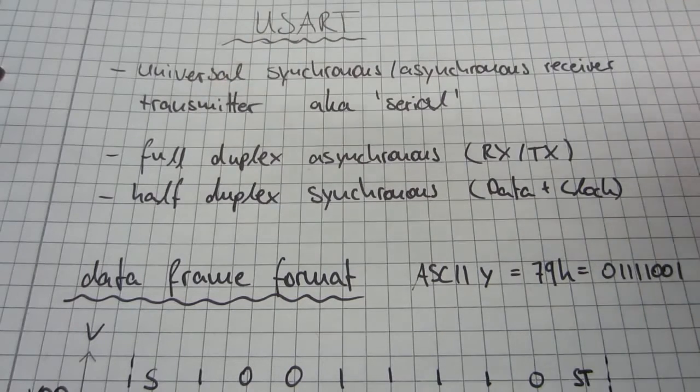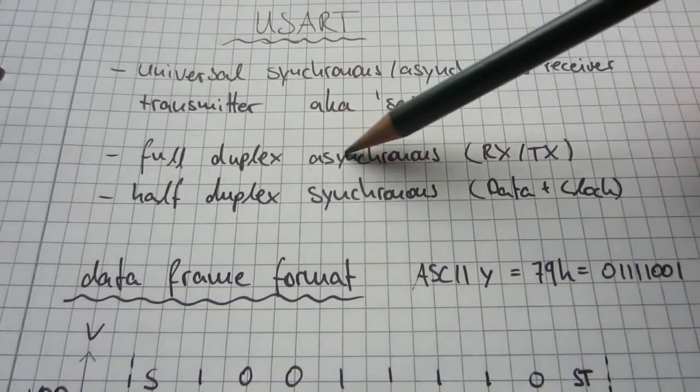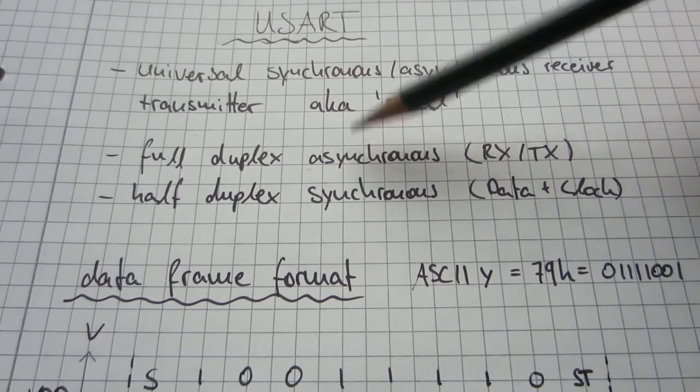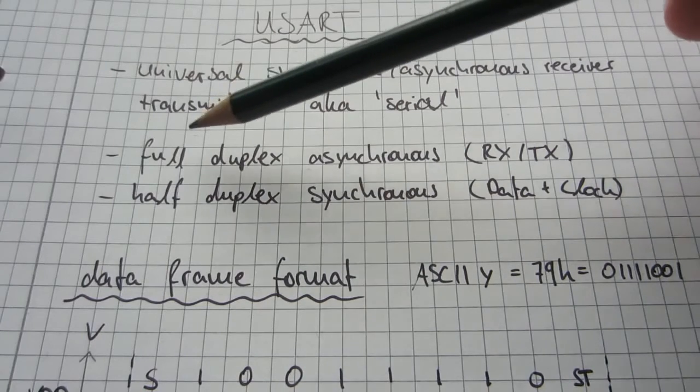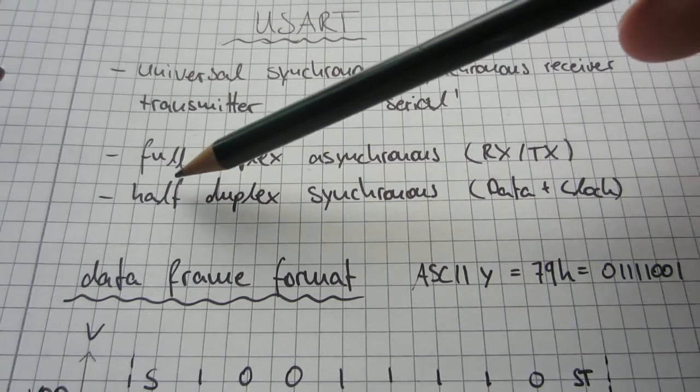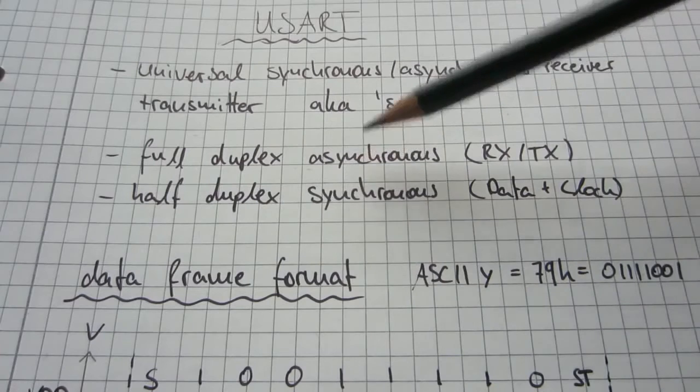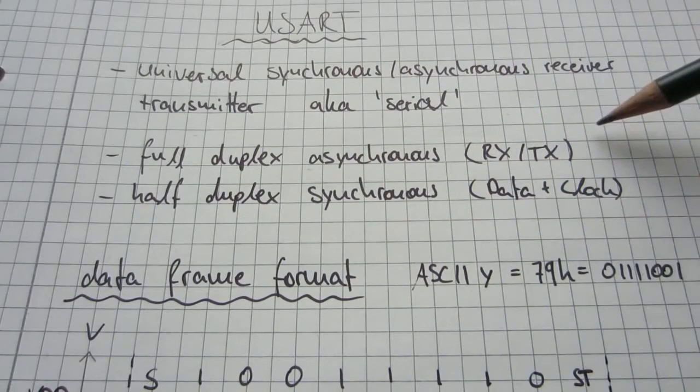It can actually be used as a full duplex asynchronous transceiver, so it can receive and transmit at any time, so it can be a receiver and a transmitter at the same time. Or it can also operate as a half-duplex synchronous port, which has a data and a clock line.